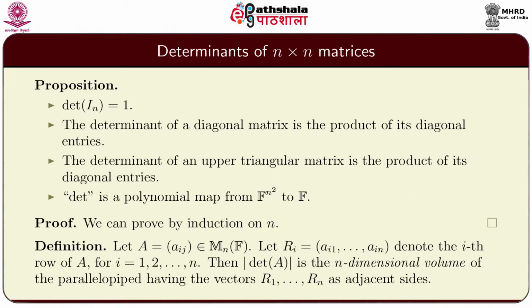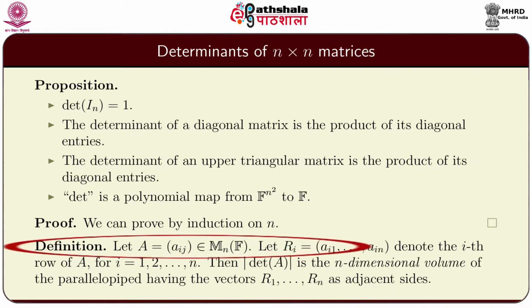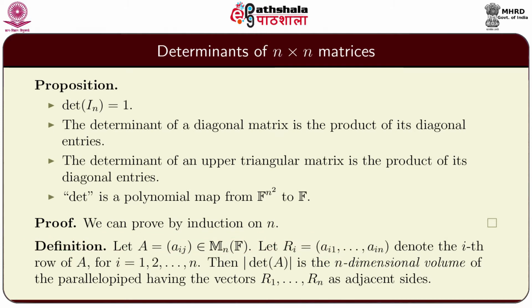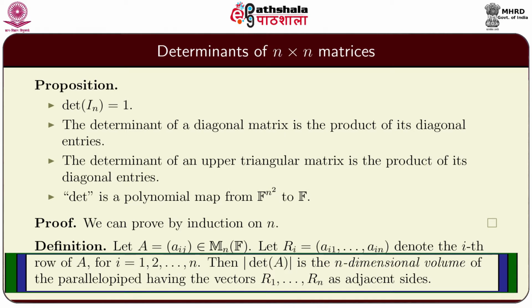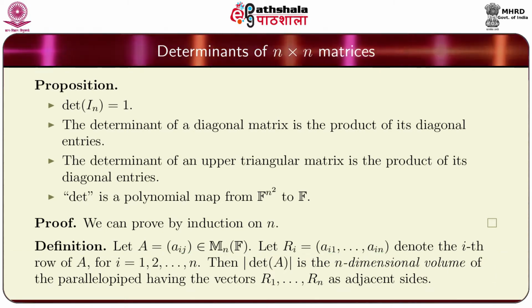Definition: let A be an n cross n matrix over F. The ijth entry of A is denoted by A_ij. Let R_i denote the ith row of A, that is given by this n-tuple A_i1, A_i2 and so on up to A_in.